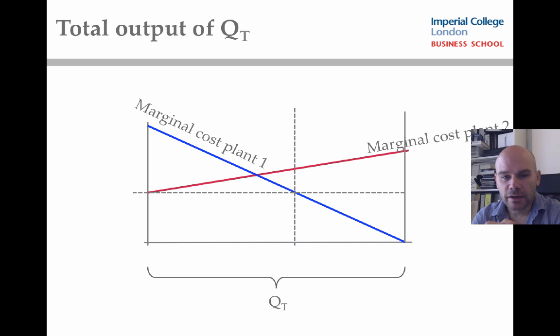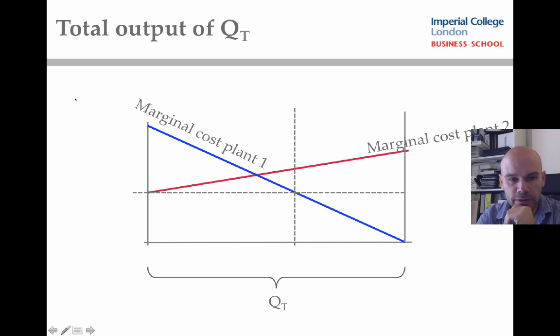Now, how does this diagram help us decide where this firm as a whole should be producing its output? Well, let's start from the beginning. Let's say they just want to produce a small amount, say 1 unit of output. Where would they start producing? Would they start in plant 1 or in plant 2?